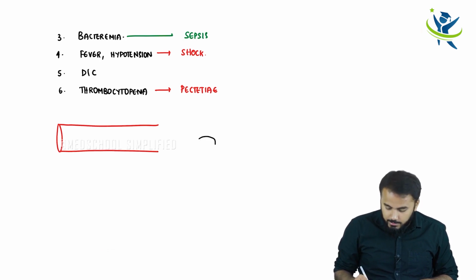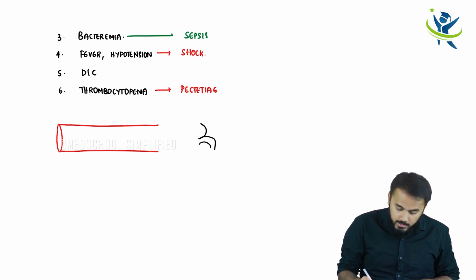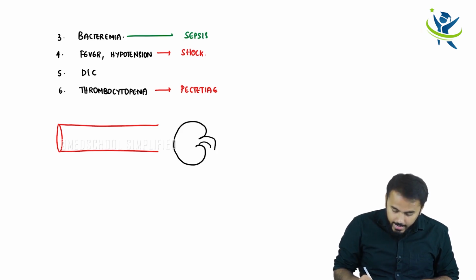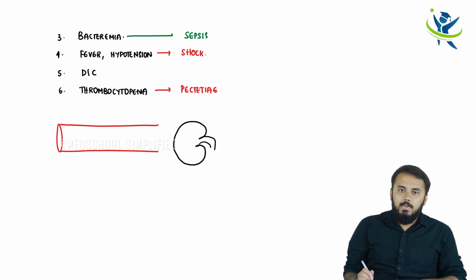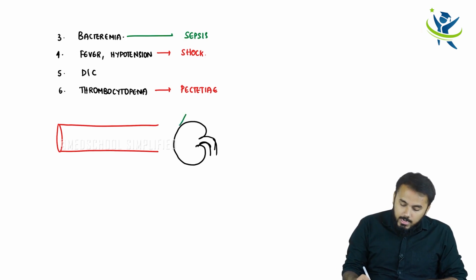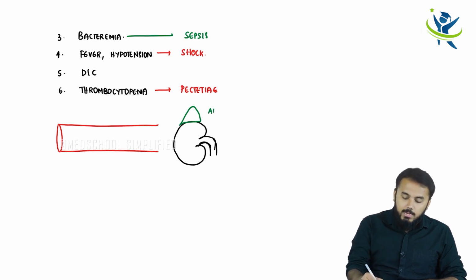So when it supplies to your kidneys, on the surface of the kidneys, you have got a gland that is called the adrenal gland. Okay, so this gland is called the adrenal gland. What is the thing is that in your body right now, there is excess amount of endotoxins, right?